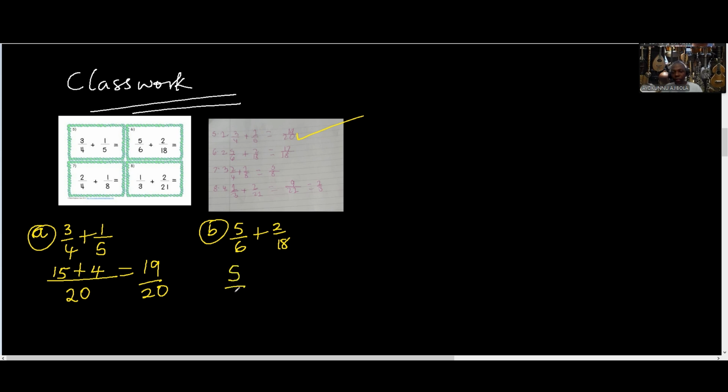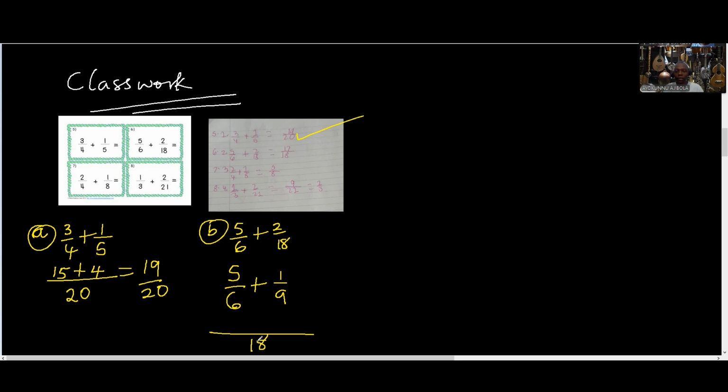So let's try that. 5 over 6 plus 1 over 9, right? So the common LCM that we're going to pick for them is still going to be 18, okay? Because 9 that is bigger is not a multiple of 6. So we'll now go for the next multiple of 9, which is 18. And it's also a multiple of 6.